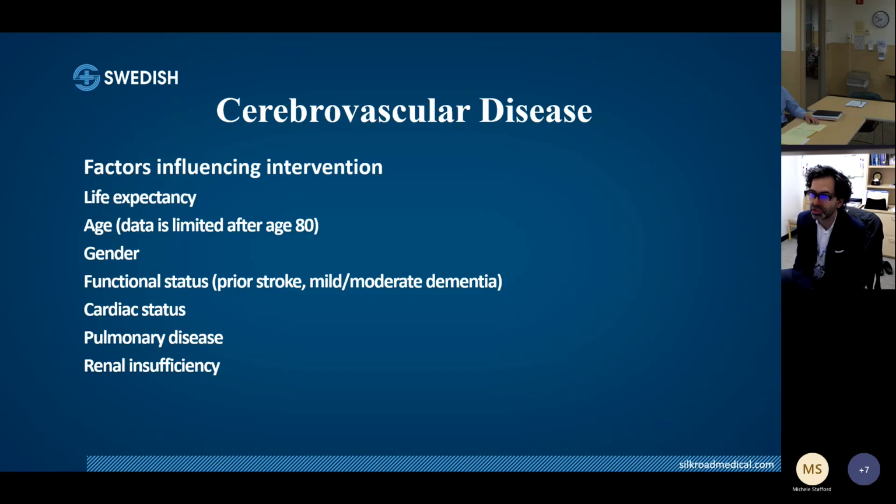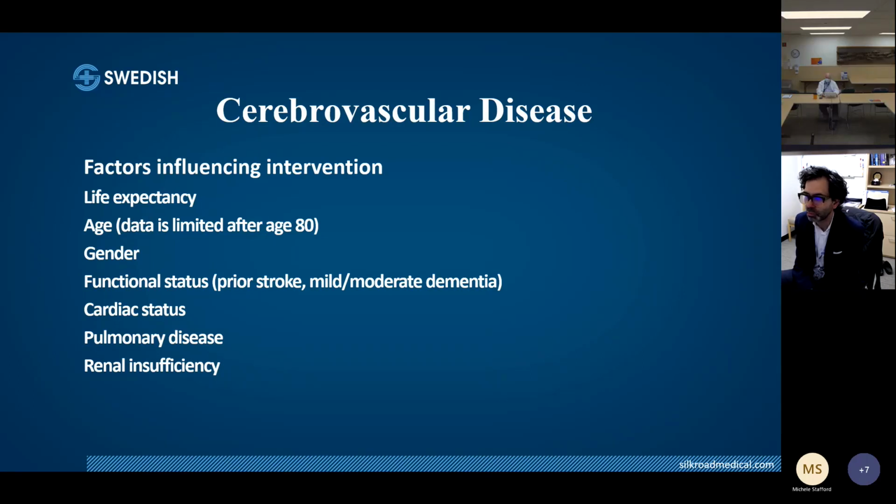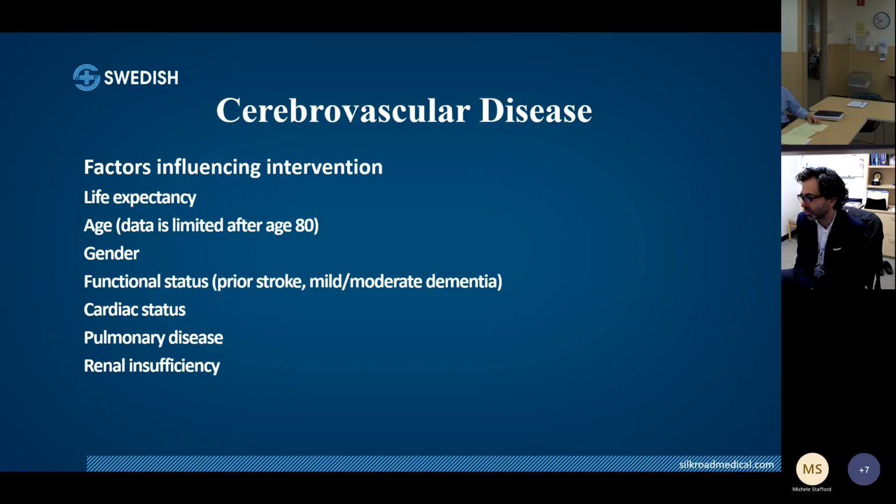Gender: we know that men tend to derive more benefit from endarterectomy than women, but again, women were generally pretty underrepresented in most of the major randomized studies. Functional status: if you had a prior stroke with a pretty significant deficit, you're not really preserving that much brain matter, and so surgery is probably not great in terms of a risk-benefit ratio. And dementia, as it plays a role in terms of people moving forward.